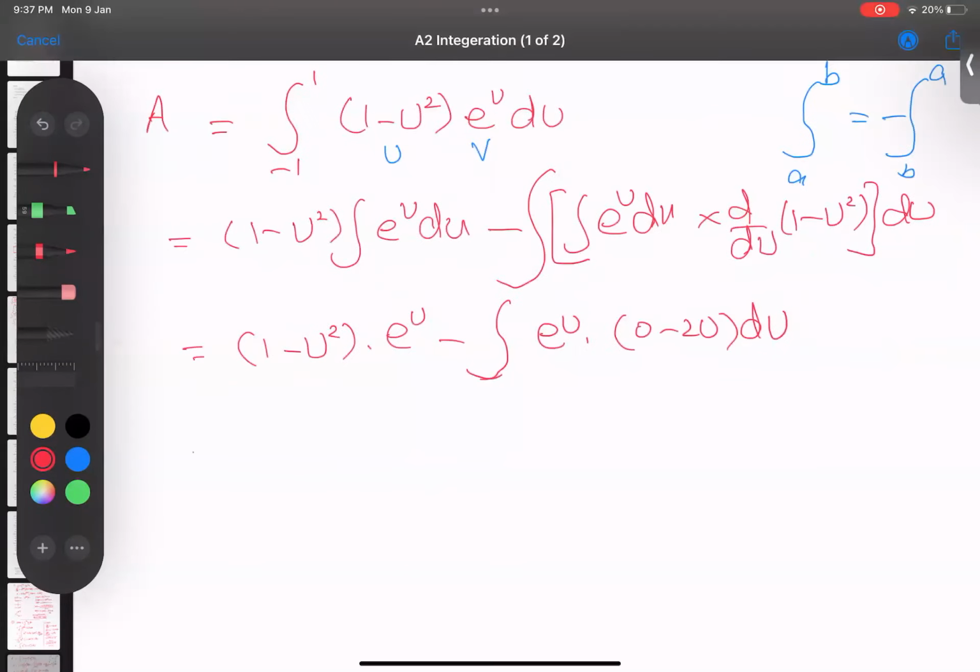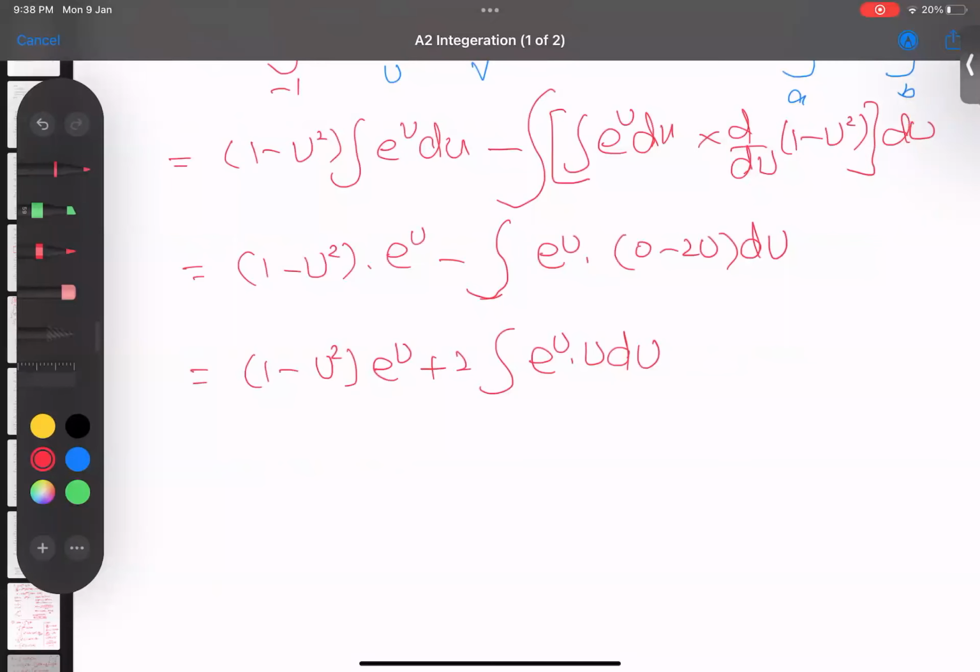And now I'm going to do further 1 minus u square into e to power u minus, and this minus will come out, will give you positive, and 2 also comes out, e to power u into u du. Again, we have this is a u function, this is a v function. Okay, 1 minus u square times e to power u, and here again by parts.